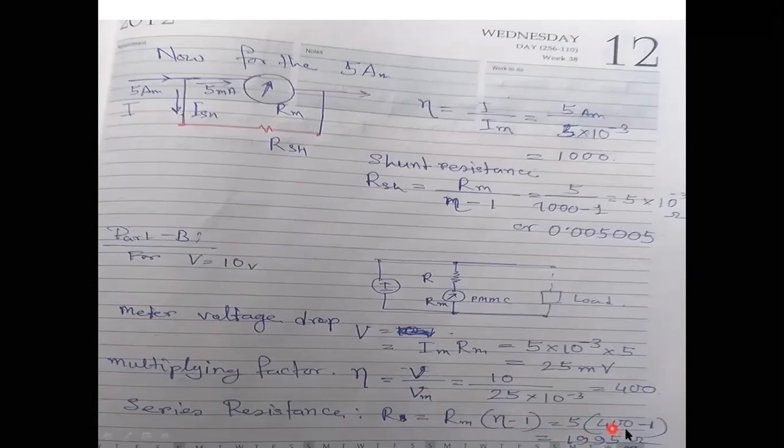So 5 into (400 minus 1), it is coming 1995 ohm. Look, for shunt resistance the value is very low, just like 0.005 ohm or 5 into 10 to the power minus 3 ohm. But in this case, for the series resistance, the value is very high. That is 1995 ohm, just like 2000 ohm, okay, 2k ohm.